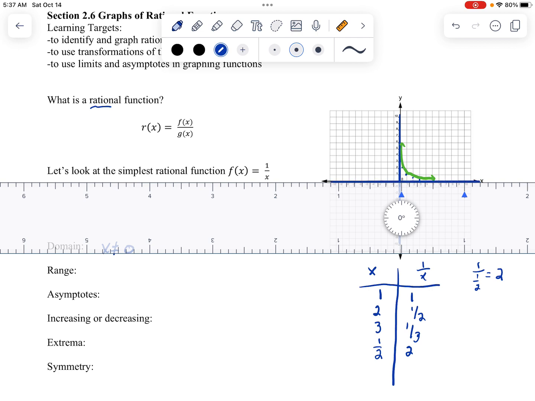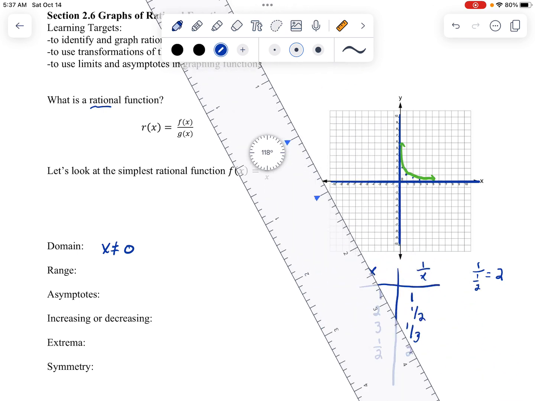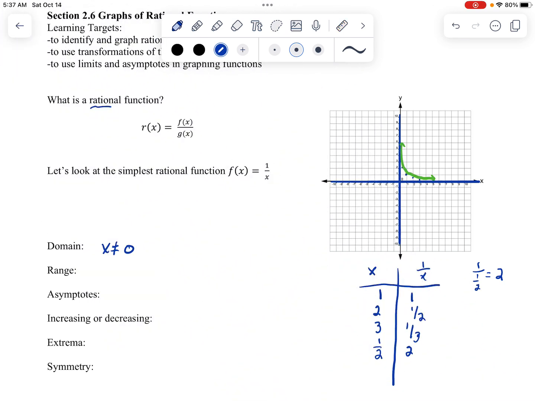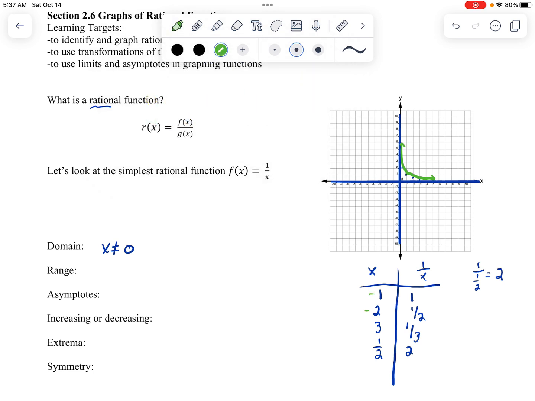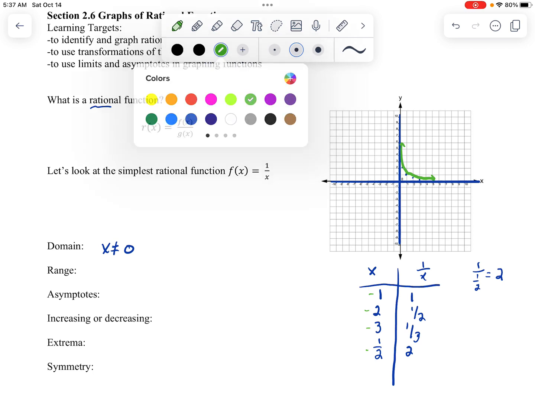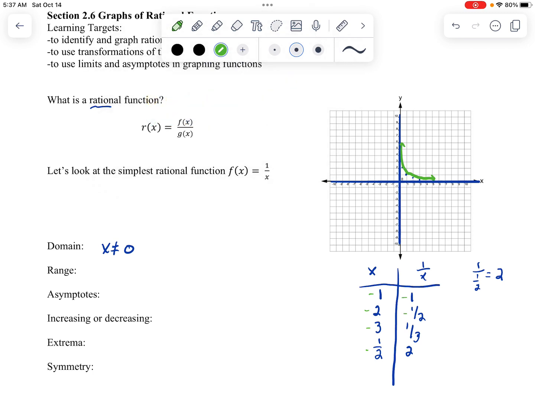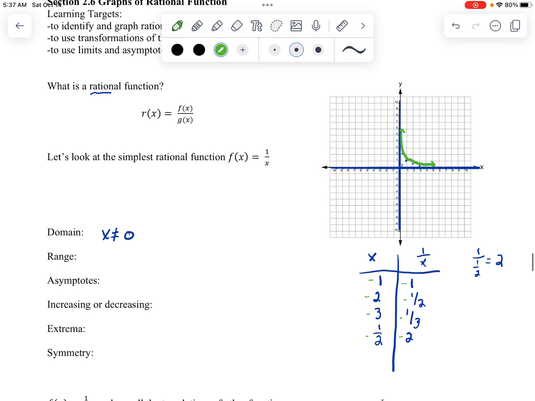So I'm going to have another asymptote at y equals 0. Now, if I plug in negative values for x, then I'm going to get all the negative values for y. And I'm going to have the same thing in quadrant 3.